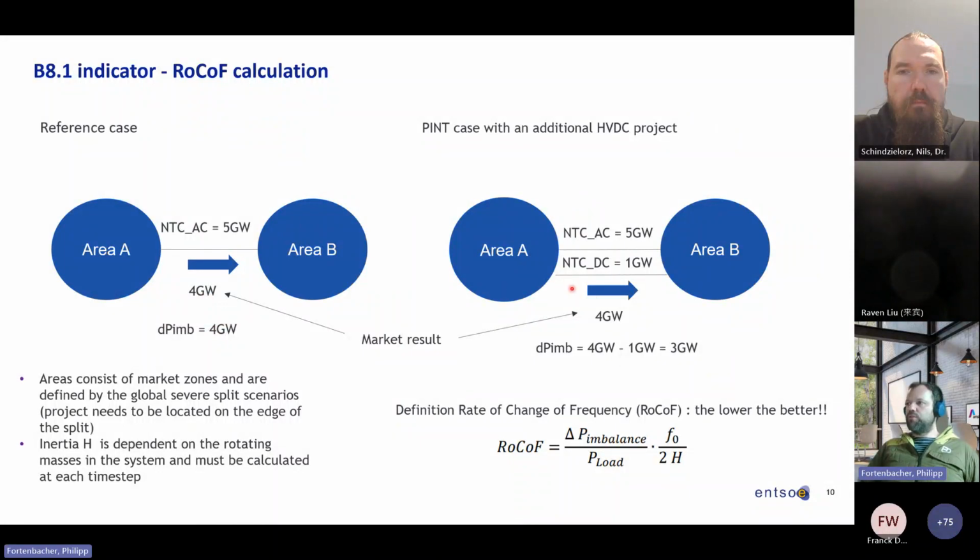Now if we introduce a new project, which is a DC project, which is quite important, this DC project can take 1 gigawatt of these 4, meaning that we can reduce the imbalance to 3 gigawatt. This means that this project could then reduce the RoCoF. That's the fundamental concept behind this methodology, that we just measure the RoCoF with the project and without the project.